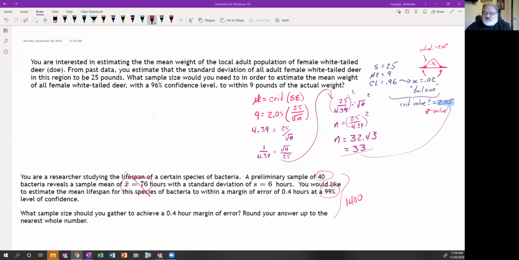This was number 14, right? Oh, not on yours though. Can't remember where I got this problem from.